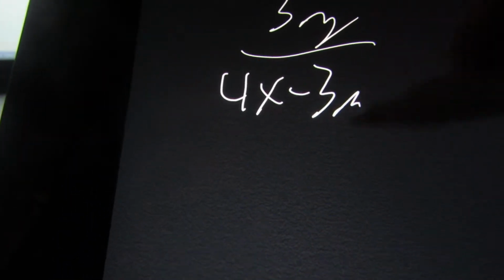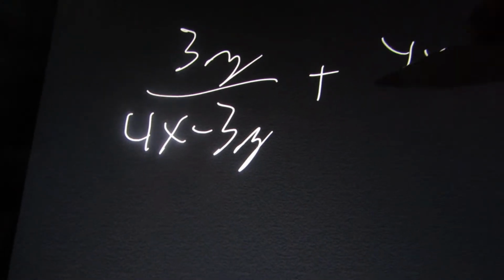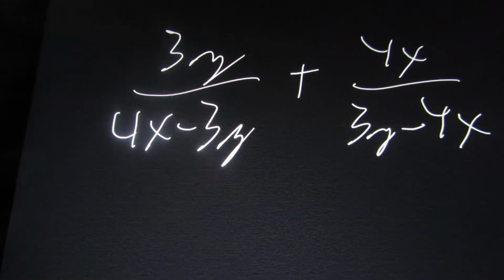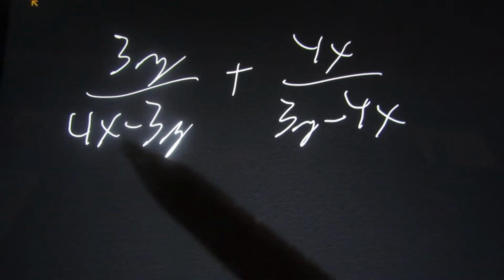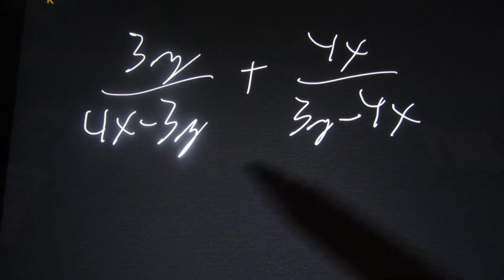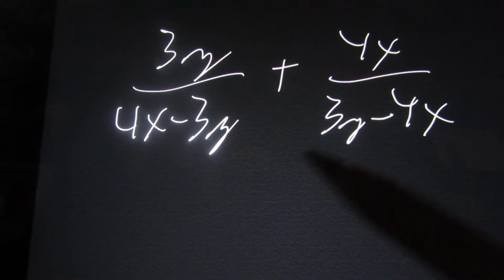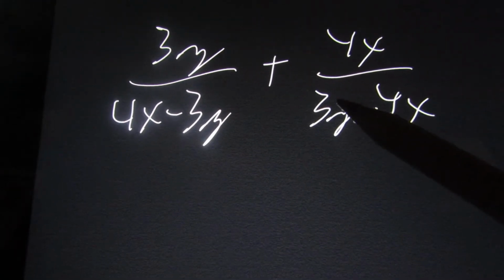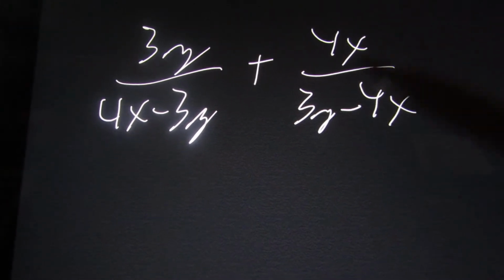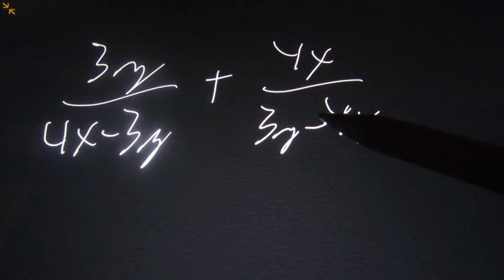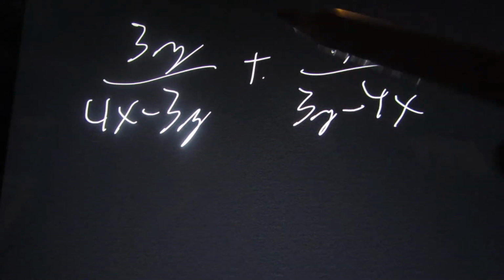Okay, next, 3y over 4x minus 3y plus 4x over 3y minus 4x. Now note here, these are just opposites of each other. Here I have a positive 4x, here I have a negative 4x, here I have negative 3y, and here I have a positive 3y. So what I'm going to do is factor out a negative 1 here, which means that this negative is going to come up to here.